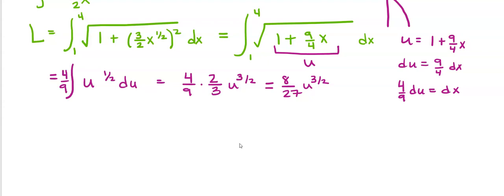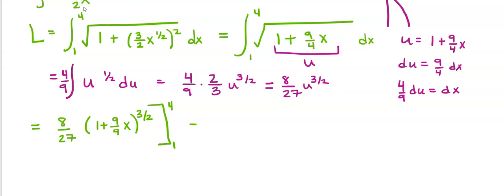Okay, now let's put it back in terms of x so that I can then evaluate using my bounds. So that 8/27 is in front there, and I would have 1 plus 9/4 x, and that's to the 3/2 power, and we are evaluating at the numbers 1 and 4. Okay, so let's see if we can start to simplify this a little bit.